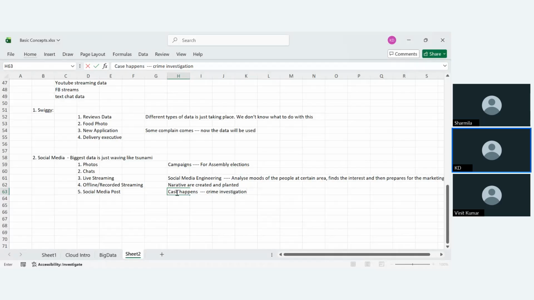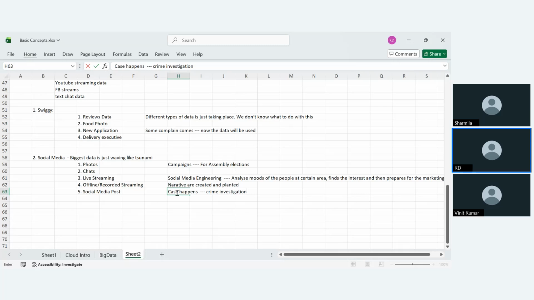That person didn't know anything about the kid, but from social media he got every piece of information: what food the kid prefers, what ice cream he prefers, what time he goes for tuition, what time for swimming, and any other activity. He knew each and every schedule, and based on that they planned the kidnapping of the child.